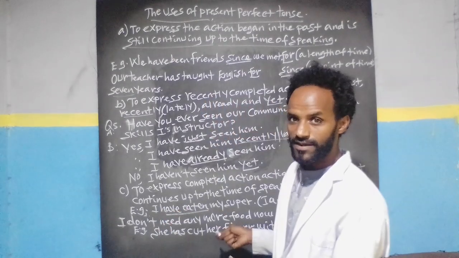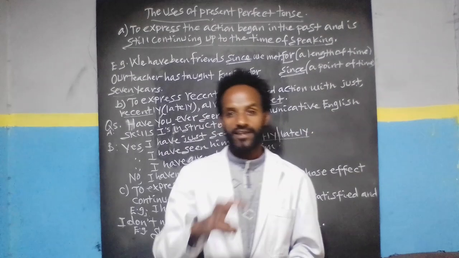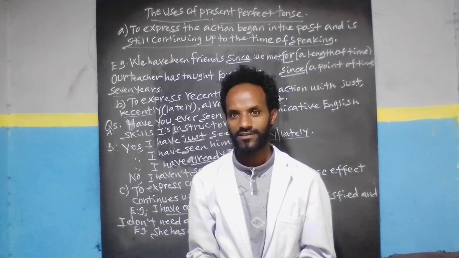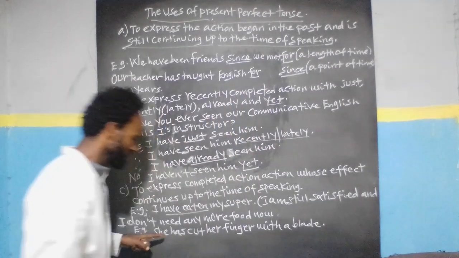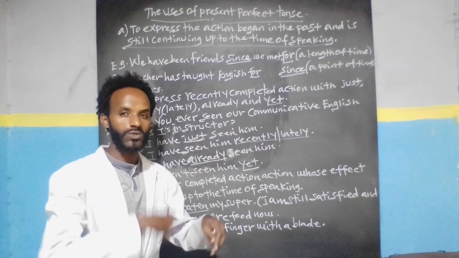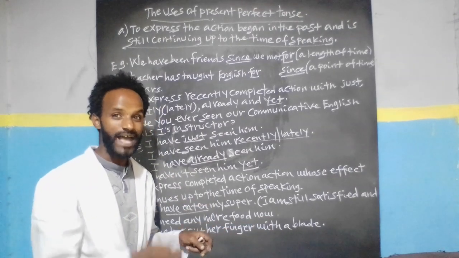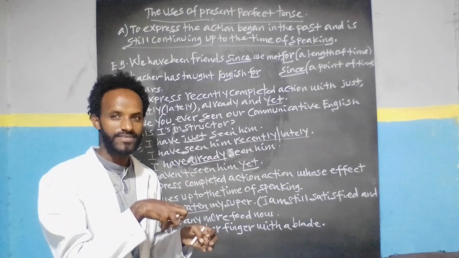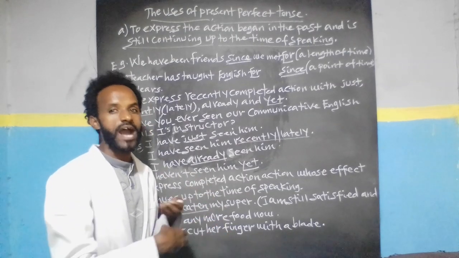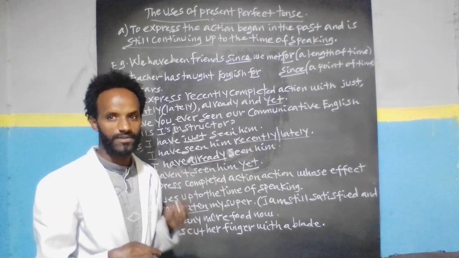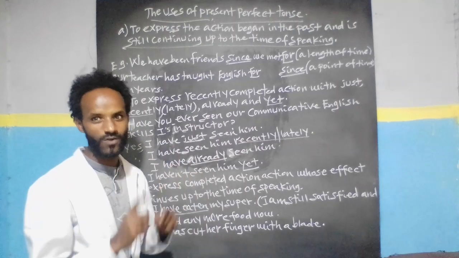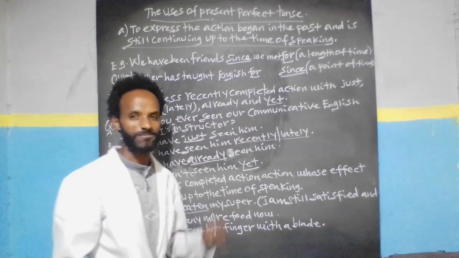So what happened there? Her finger is bleeding at this moment. She has cut her finger with a blade. What are the consequences or the effect of this one? At this time, the action can be in progress. That means we can say that her finger is bleeding. That's the point you need to know here in this expression, okay class?